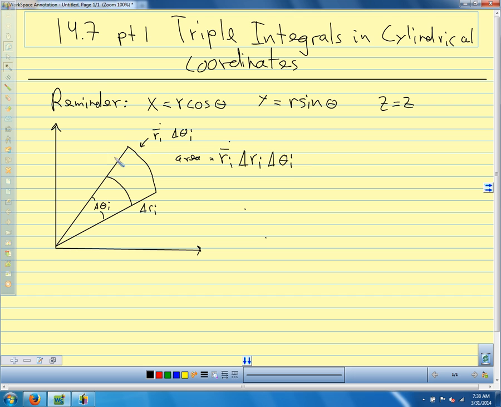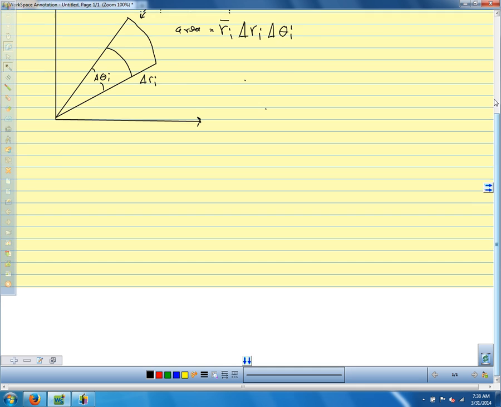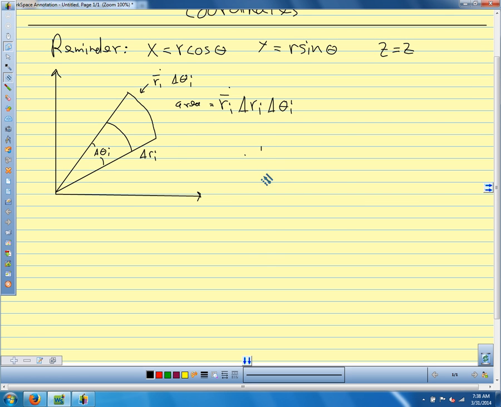So what we're going to do is, if we have a solid region where we can represent the region in the xy plane nicely in polar coordinates, we're going to use cylindrical coordinates. So we're going to project this little polar rectangle up vertically. If we had our three-dimensional coordinate system, we have a little portion of a wedge shape, and we're going to approximate the volume of that little wedge shape.